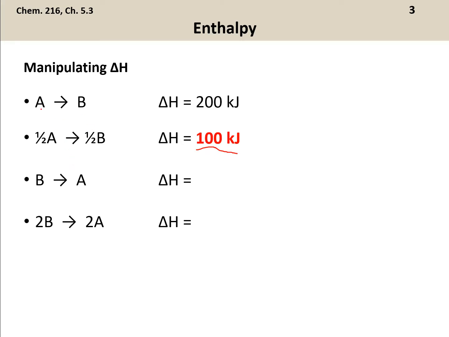What if I reverse this? Instead of A going to B, I have B going to A. So my product in the first equation becomes my reactant here. Well, now I'm going to reverse that delta H. It's now going to be negative 200 kilojoules. So this would be exothermic, whereas this one is endothermic.